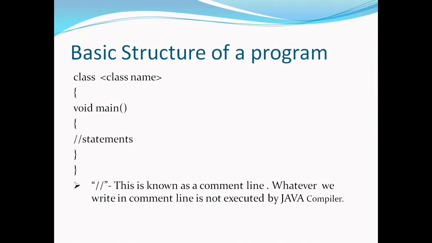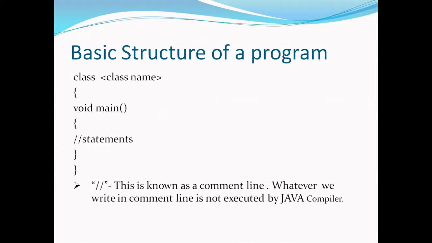What is a class name? You can take anything as a class name. If you are writing about polygons or rectangular figures, you can write Polygons. If you are doing something about your school or class, you can write School. If you want to do a pattern in Java, which we'll learn further in our channel, you can name it Pattern.